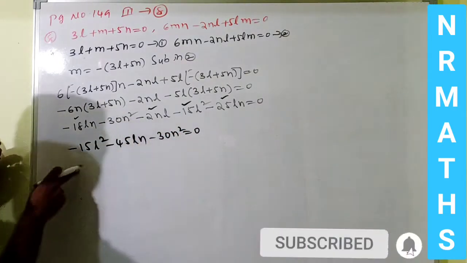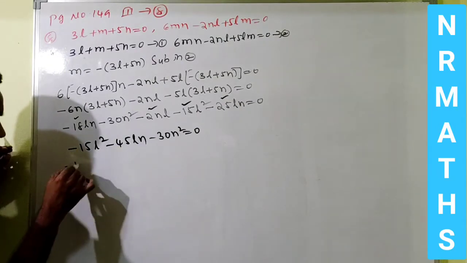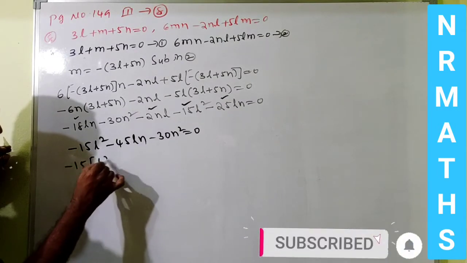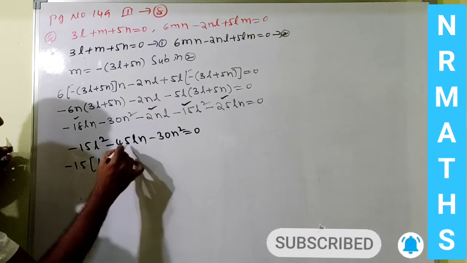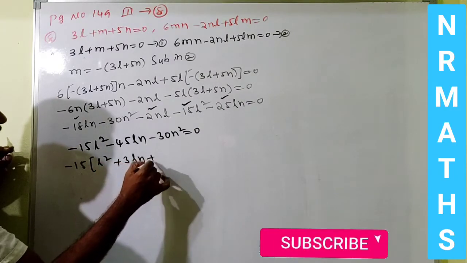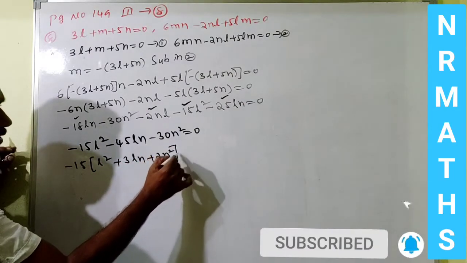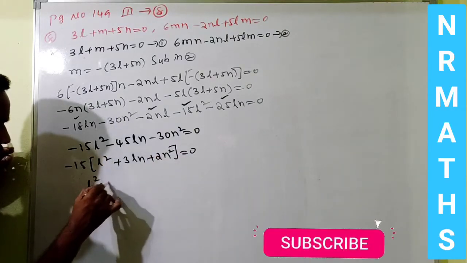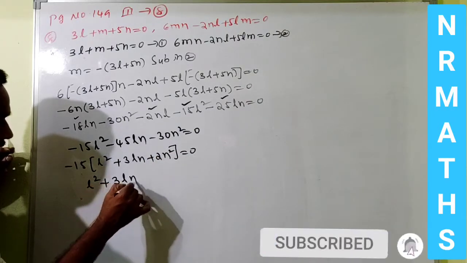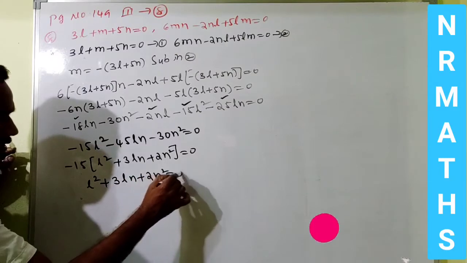What is the common factor here? Minus 15 is common. So L square plus 3LN plus 2N square is equal to 0.